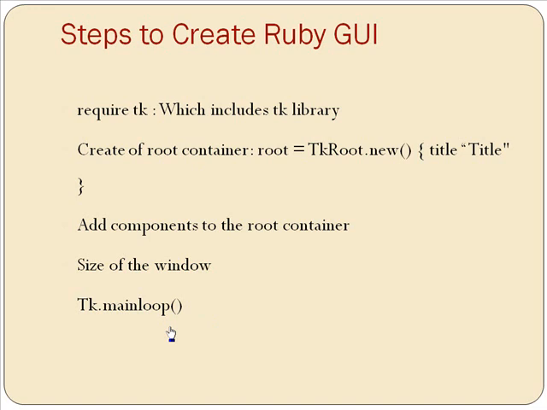Again, the steps are: first we create the root container, put in the components, give the size of the window, and then use a main loop to have all the components executed when the window is generated.